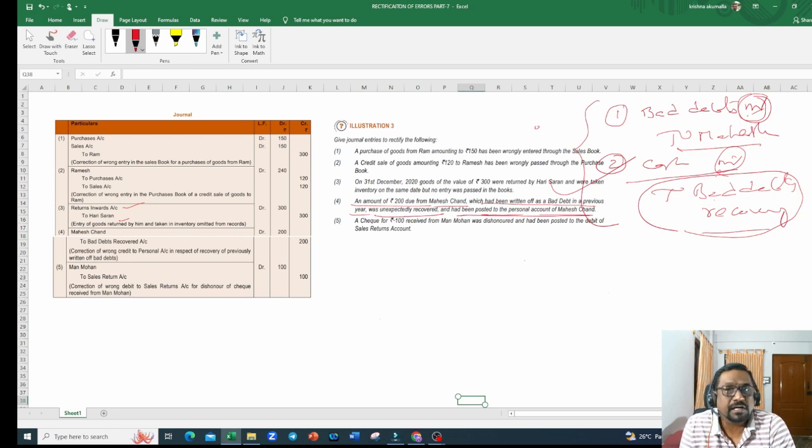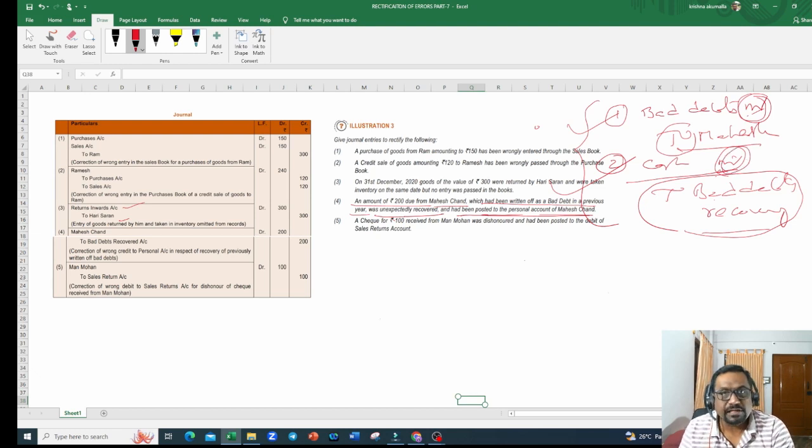Now we have decided to write off that amount. If we have decided to write off, that account has to be credited. So bad debts account debit and Mahesh account credit. That was the entry we already posted previously. This is already posted. Now we wrote off this as bad debts previously. Now that has been recovered. When that has been recovered, we would be receiving the cash.